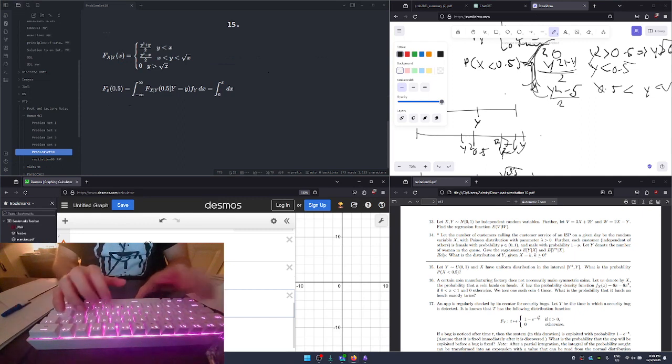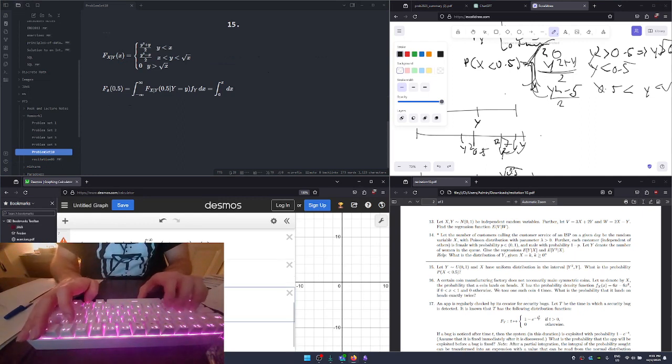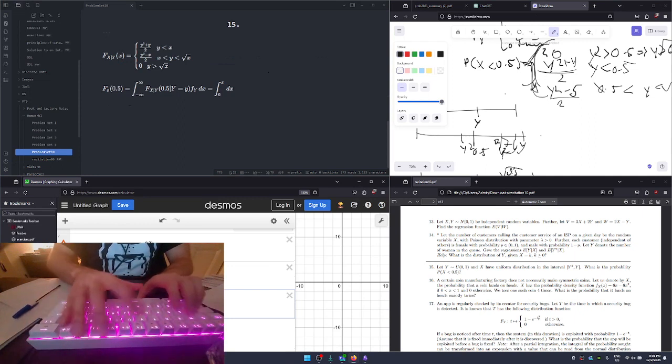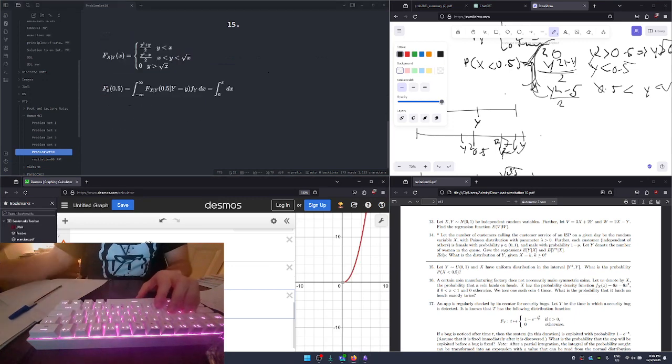From 0 to x of y squared plus y over 2, let me just write this, dx, plus the integral from x to x of y squared minus x over 2 dy, and this is like 0.5.